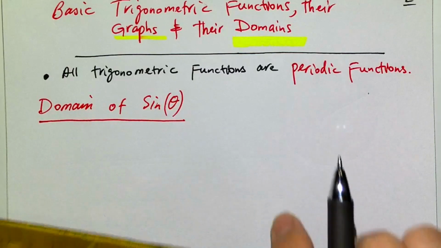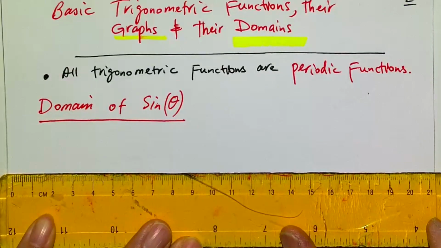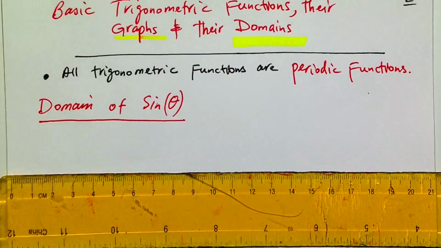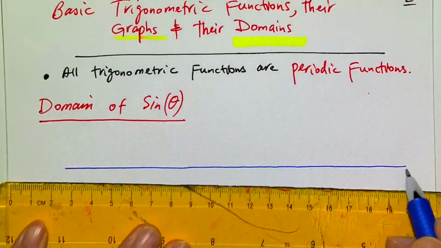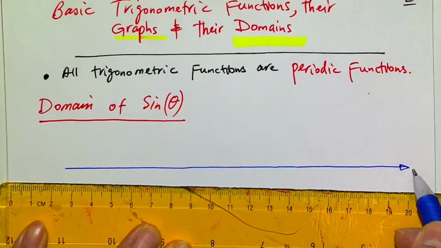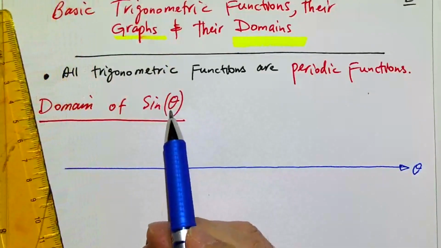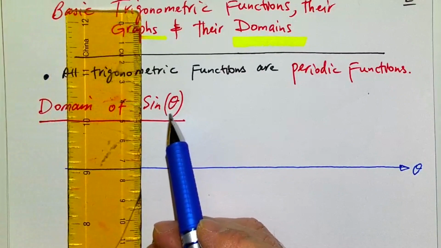Let's draw a picture of what the sine function looks like. So I will draw a long x-axis here. And let's say this axis represents theta, because that's like x, right? That's the independent variable we learned in basic algebra.